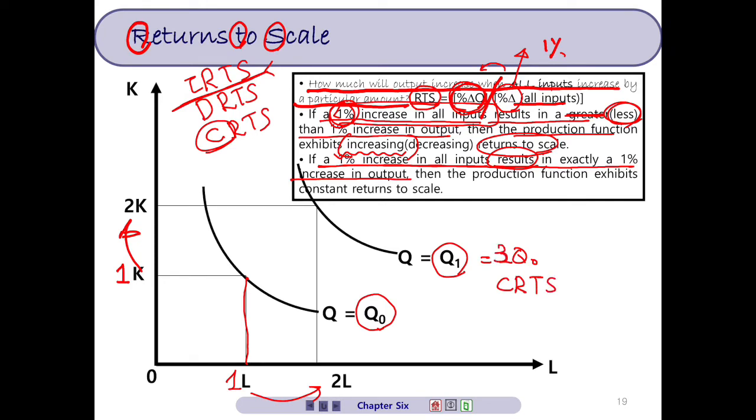What about 3Q? We doubled the input, but the output increased 3 times more than before. Then that's going to be increasing returns to scale. When you double the input, if the output increases less than that, then we call this decreasing returns to scale. Maybe I can say 1.5 Q0 for the new Q1. That's returns to scale, right?